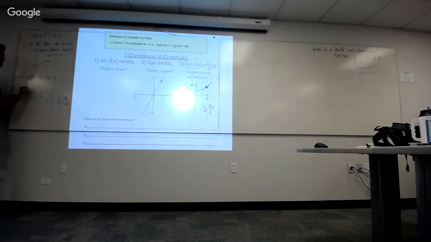What would that look like? It would look like a hole. There's no point anywhere on that vertical stripe where the 4 is. Or, even better, it would look like an asymptote, which is what we were just looking at a second ago.